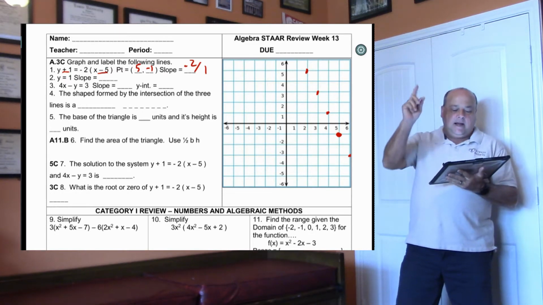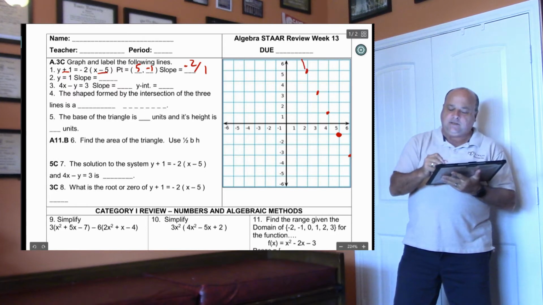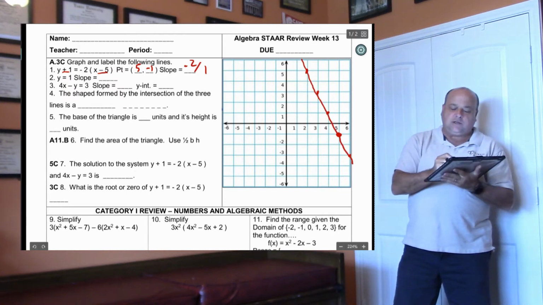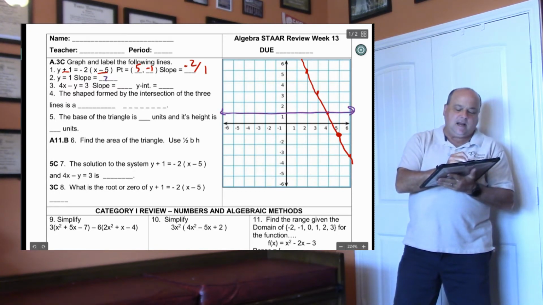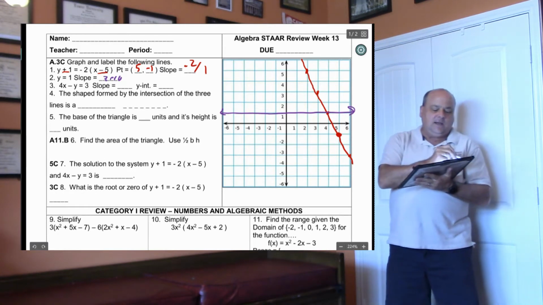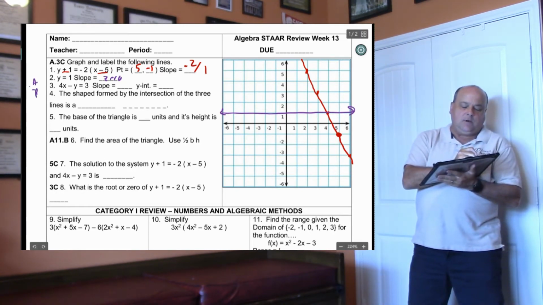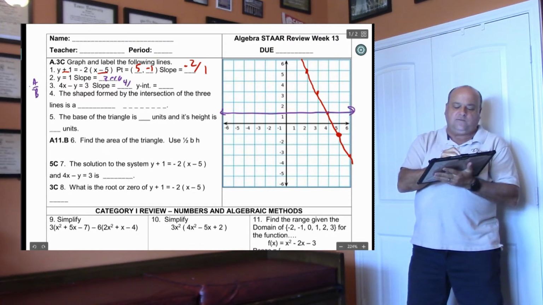Now then, the next one, y equals 1. I'm going to connect these dots to make a line. My next line, y equals 1, is just going to be a flat line right through the 1. So the slope of that line is 0. And then on the next one, my slope is going to be -a/b. Remember that, right? So it's going to be -4/-1, which is +4/1.